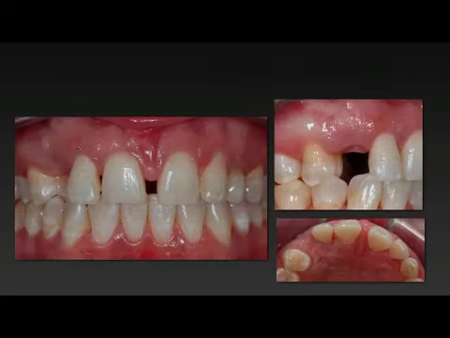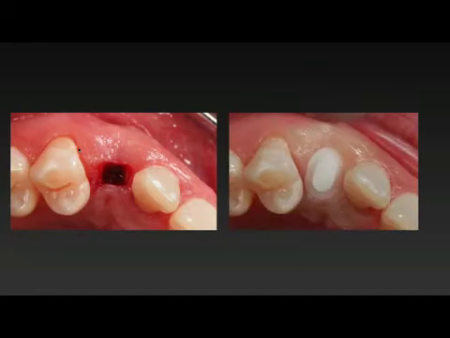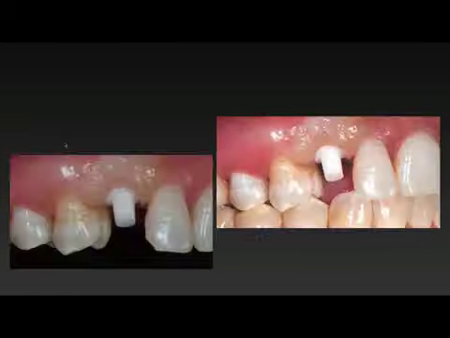This is a case of a missing right canine, tooth number 13, and this was treated in a transmucosal approach, flapless, and the placement of a CeraRoot 14 implant. And the image to the right is immediately post-operatively. You can see how beautiful that oblong shape of the implant is.